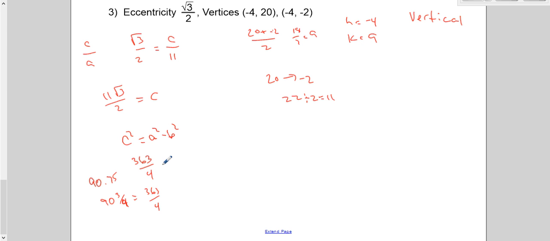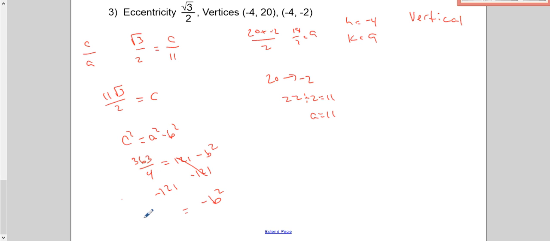So 363 over 4 is equal to a squared, and we said a is 11, right? So a squared, 121, minus b squared. So we're going to subtract 121, and we get negative b squared equals negative 30 and 1/4.